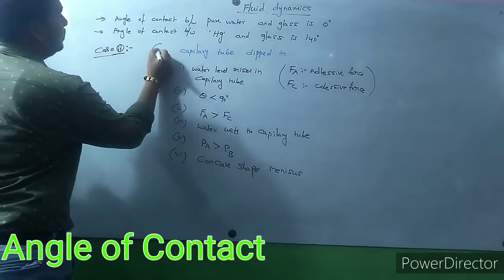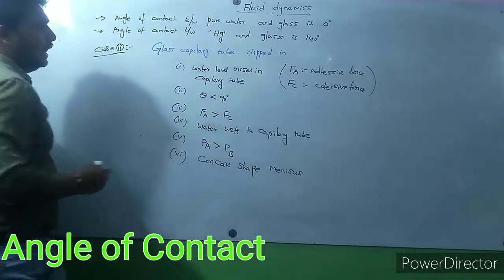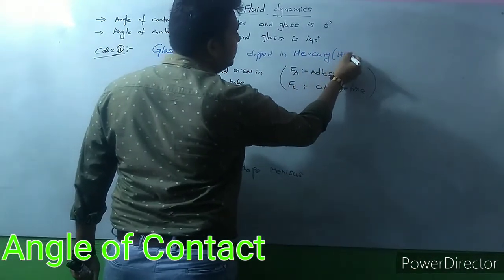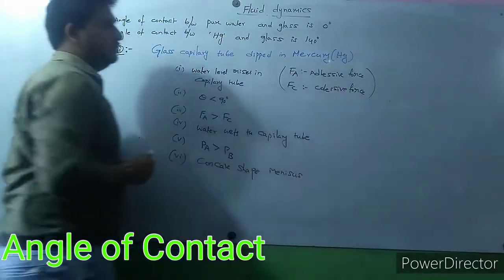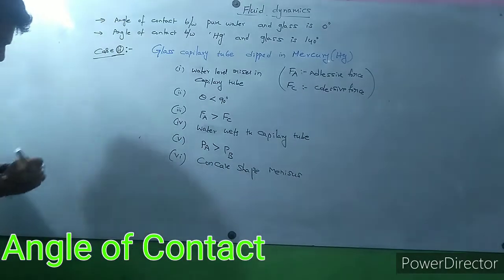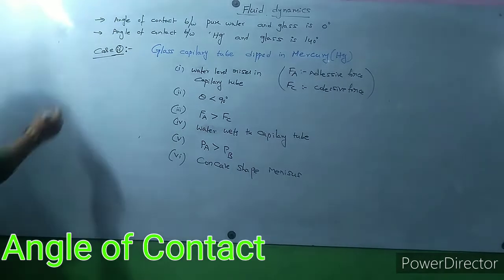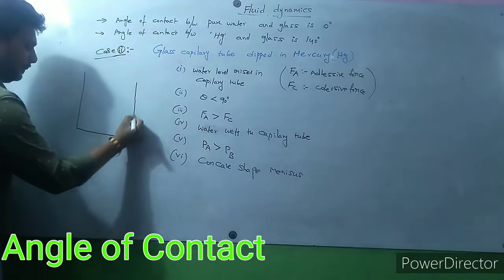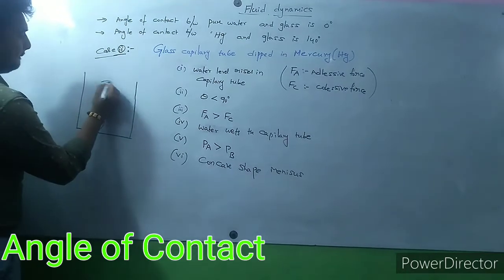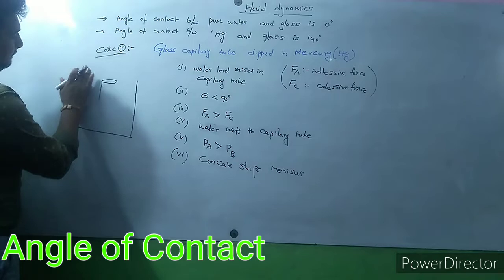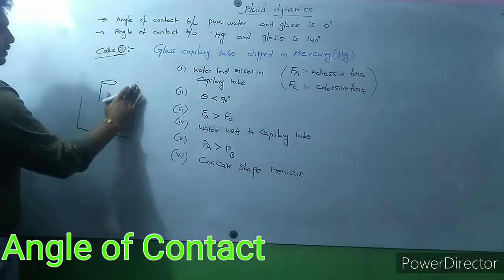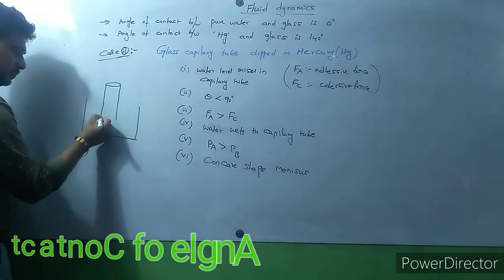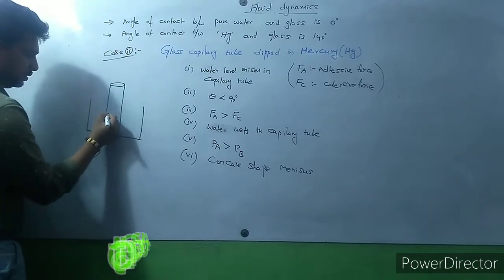A glass capillary tube dipped in mercury, that means Hg. What does the diagram here indicate? Observe carefully. This is the diagram.